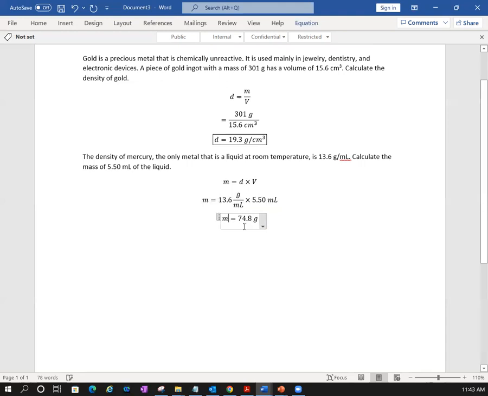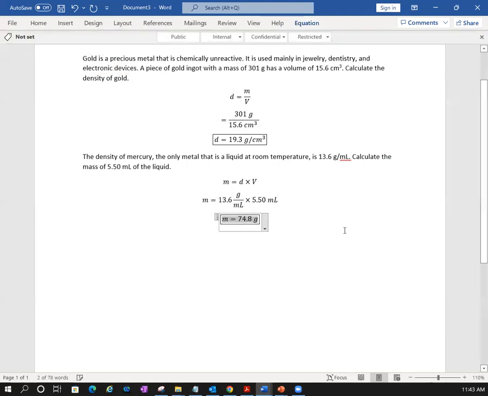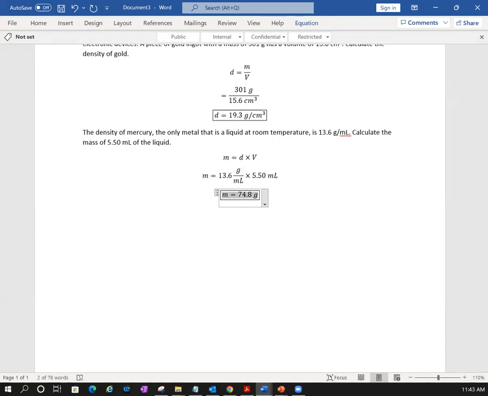Mass is equal to 74.8 grams. Okay. Box lang natin for final answer. So, ganun lang naman ang pag-solve ng density given yung mass and volume. And the second one is computing for mass given the density and the volume.